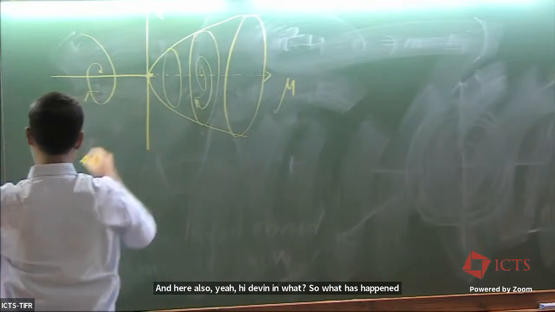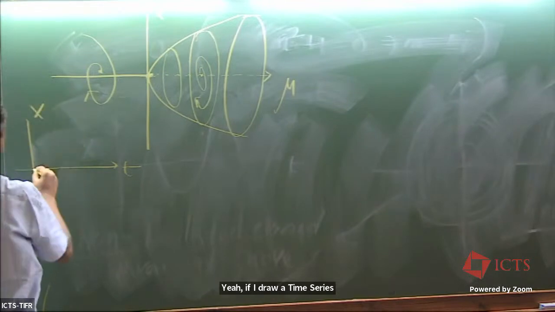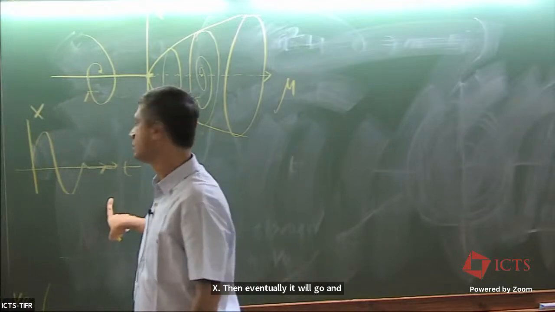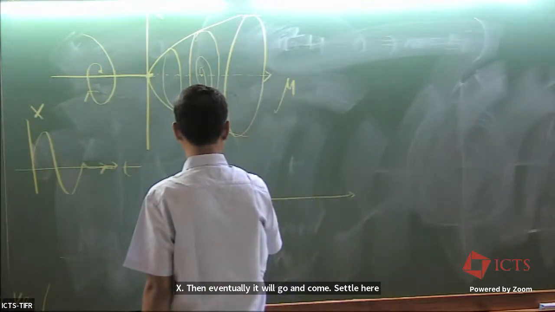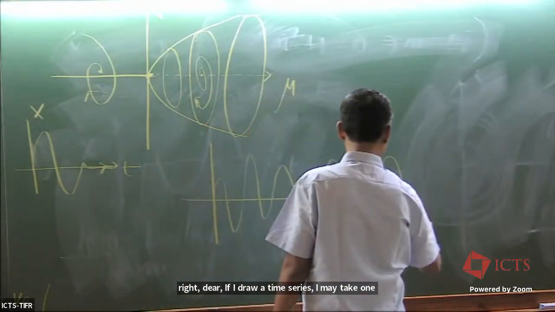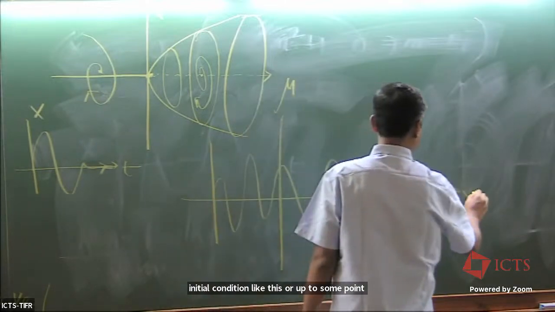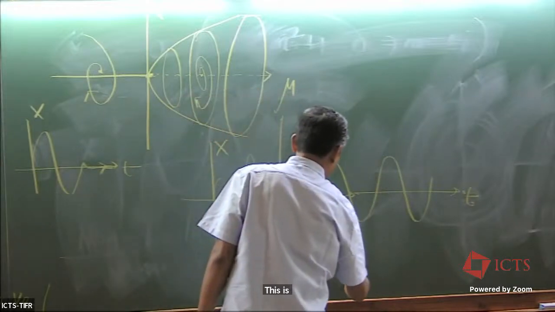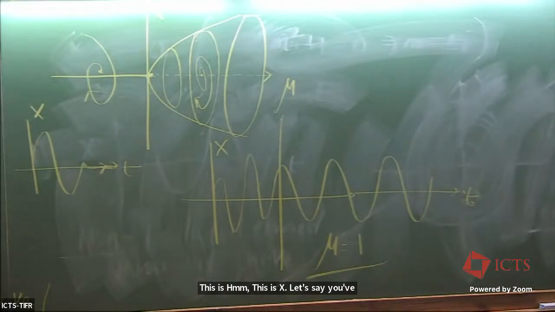If I draw a time series of x, then eventually it will settle here, right? There, if I draw a time series, I may take one initial condition like this, but after some point you will get a stable oscillation. This is transient, this is t, this is x. Let's say you plot it at mu equals some positive value, right?